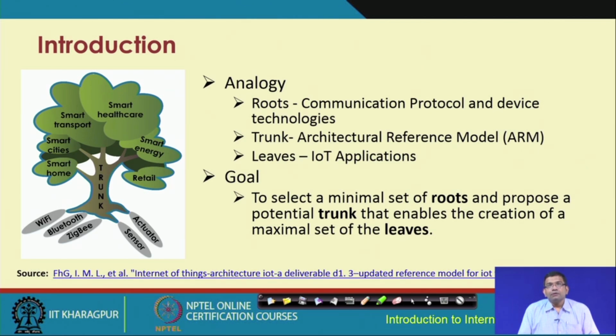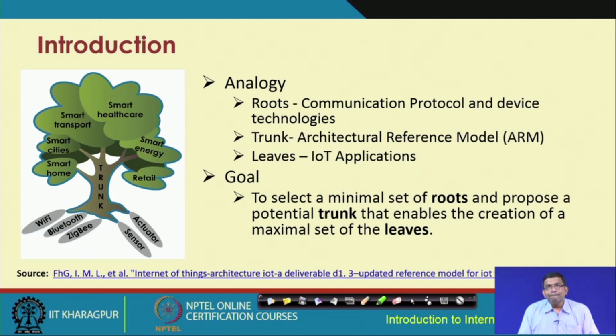The different IoT applications like smart healthcare, smart transportation, smart cities, smart energy, smart retail, smart home, all these smart things that we talk about in the context of IoT, these smart applications, are analogous to the leaves of a tree.